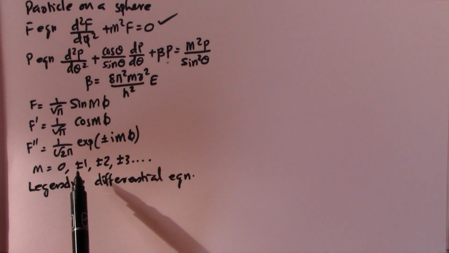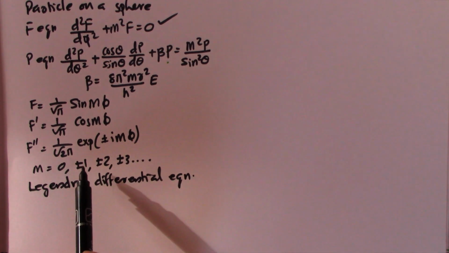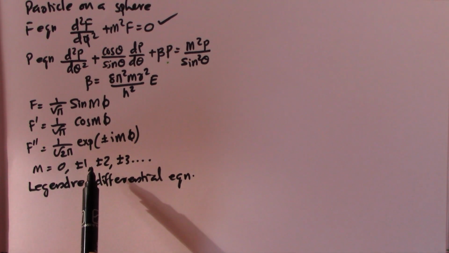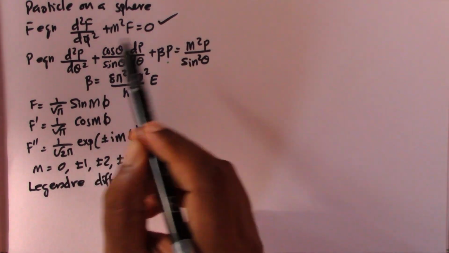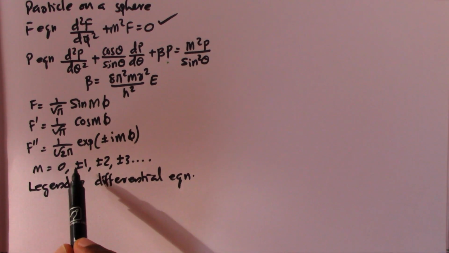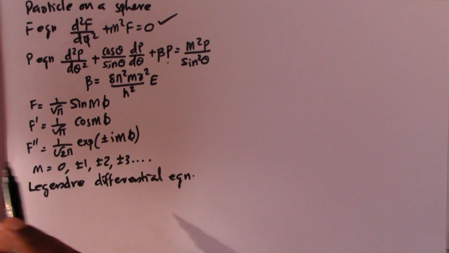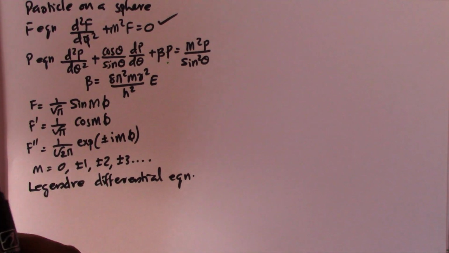But you have to note that except for 0, for the plus or minus values of any number, you will get the same Legendre differential equation, because the square of plus 1 or minus 1 is going to be 1, or the square of plus 2 or minus 2 is going to be 4.